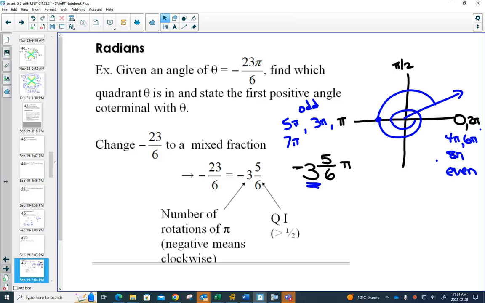What this does then is it lets us do things like, what is sine of -23 pi over 6? In your head, you would think, I know the reference angle is pi over 6. I know that on my unit circle, sine of pi over 6 is 1/2.